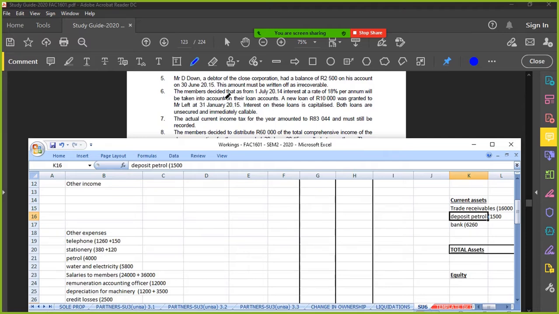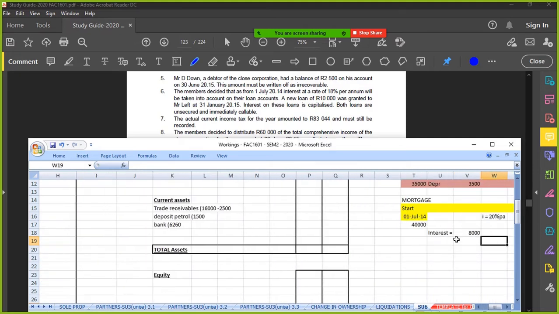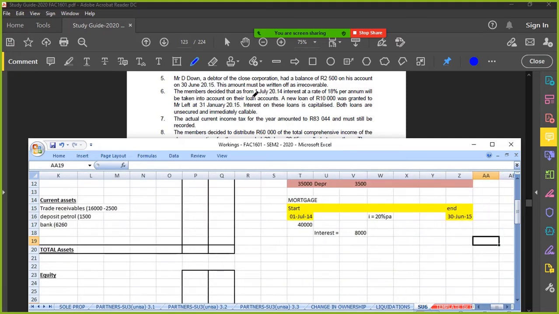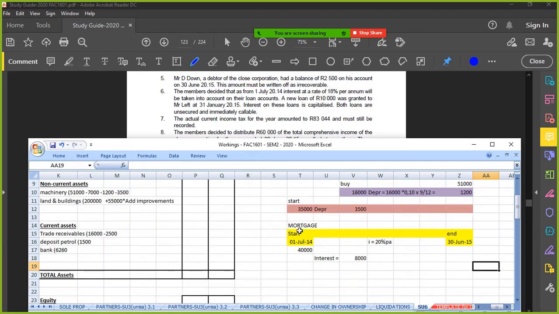Next, number 6. I debited interest on loan. So this is just a normal loan calculation that you have to do. Imagine you had any other loan, but it's special because you've got a member involved here. So again, I would be looking at dates here because they talked about a date there, and they looked at this January. January is obviously during the year.